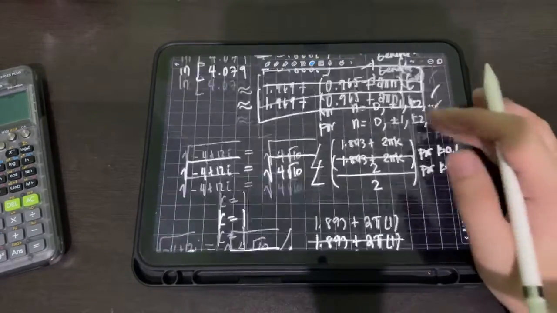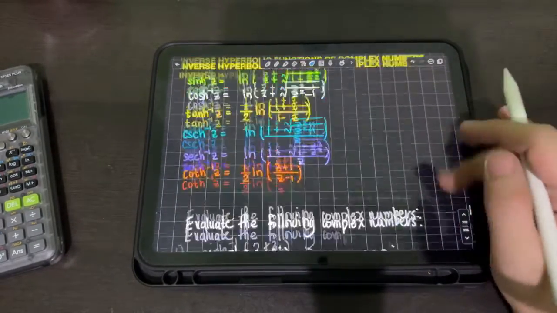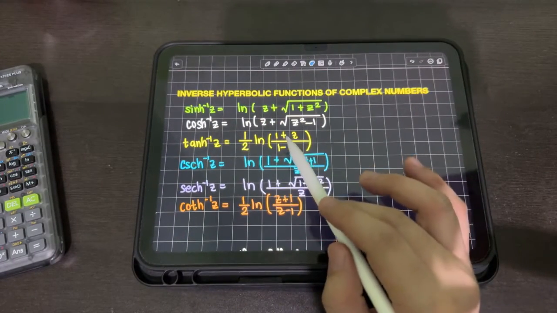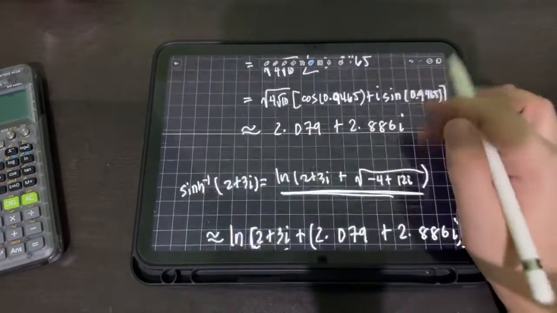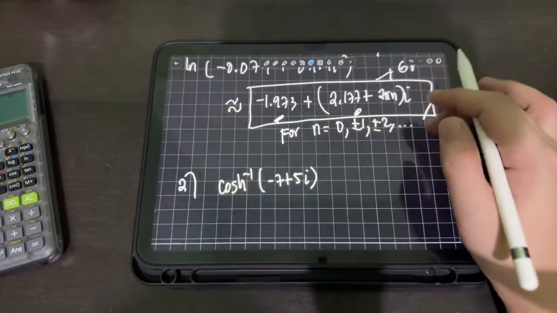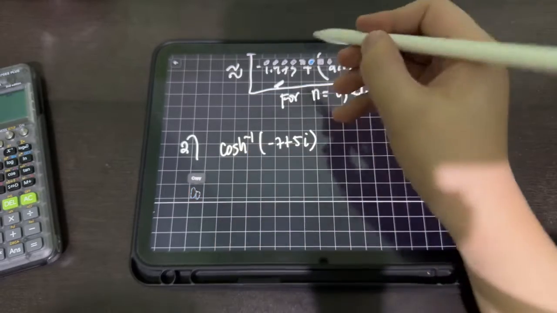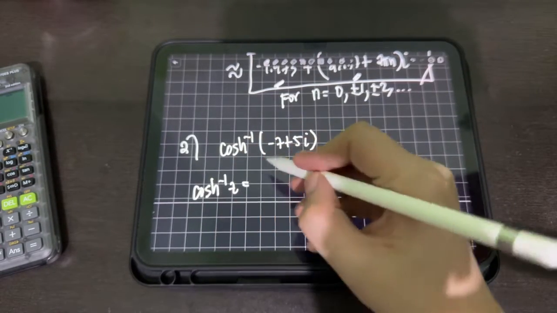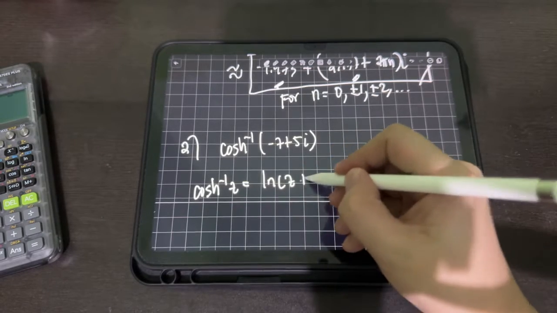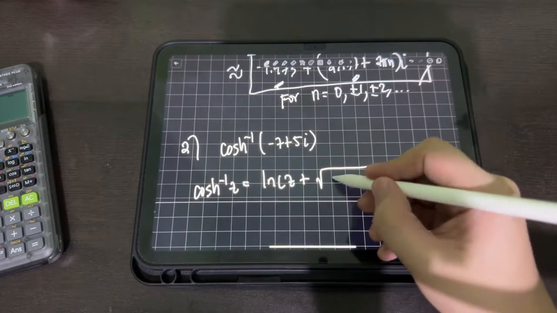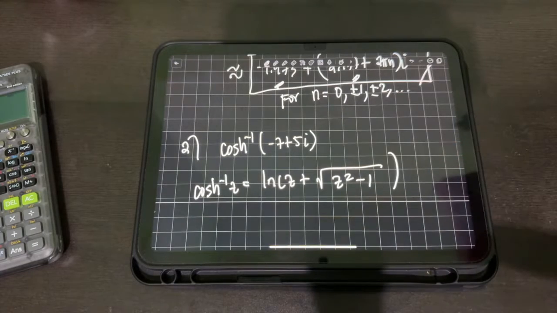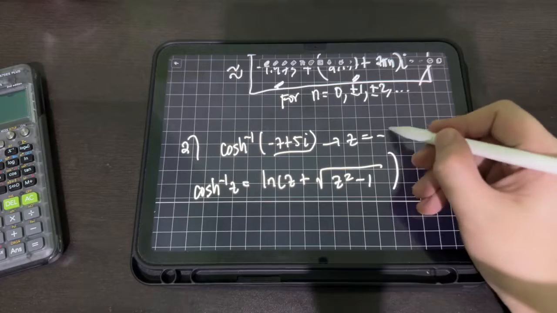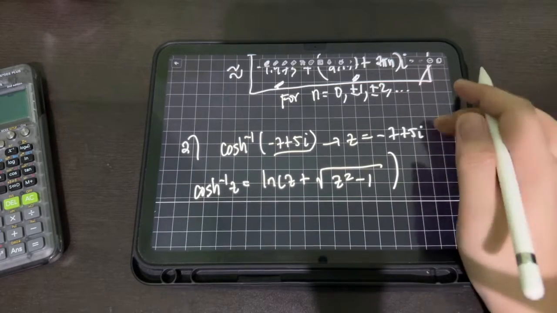Looking back at the formula, r cosh of z is equal to ln of z plus the square root of z squared minus 1, wherein the value of z is negative 7 plus 5i.